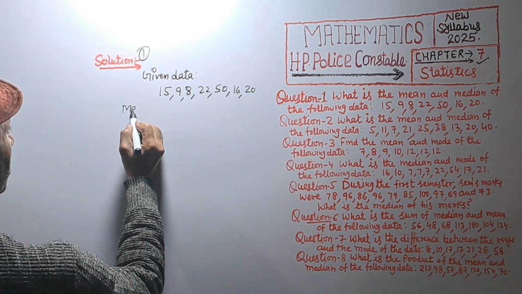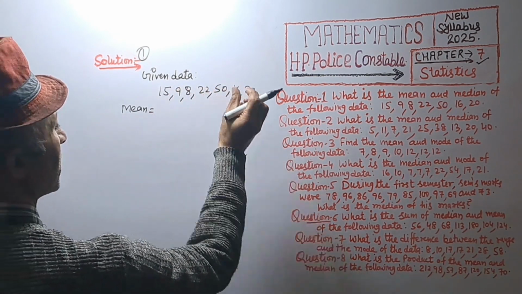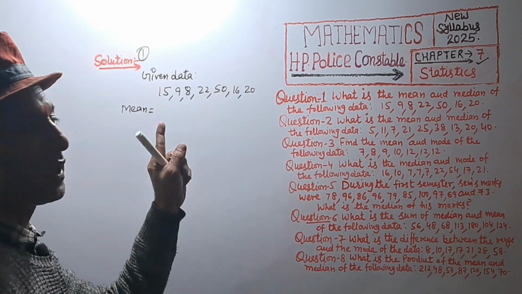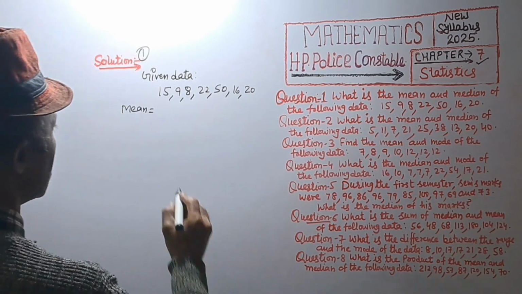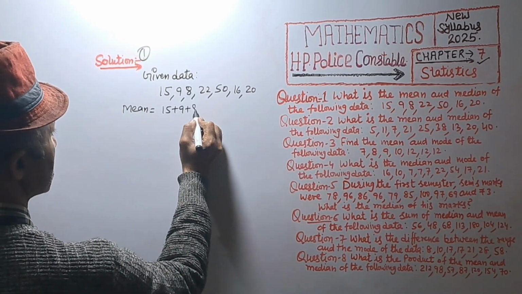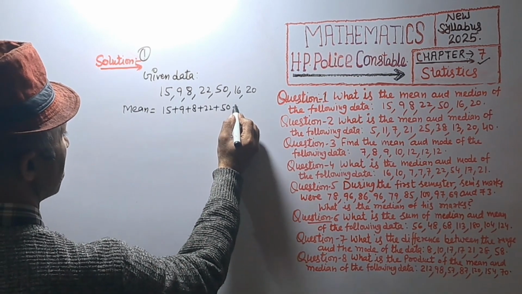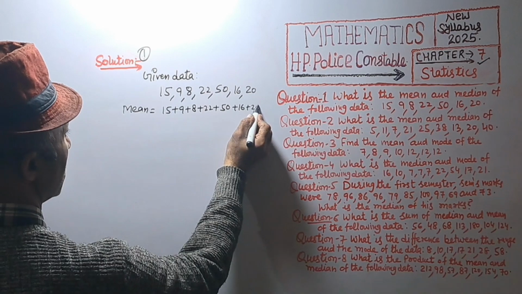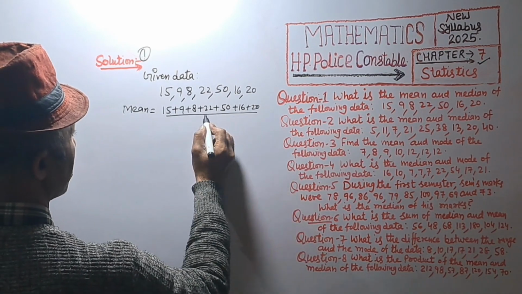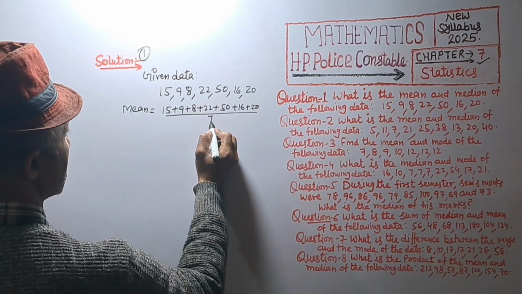Mean is equal to the sum of all numbers divided by the total number of observations. That is 15 plus 9 plus 8 plus 22 plus 50 plus 16 plus 20, divided by 1, 2, 3, 4, 5, 6, 7.